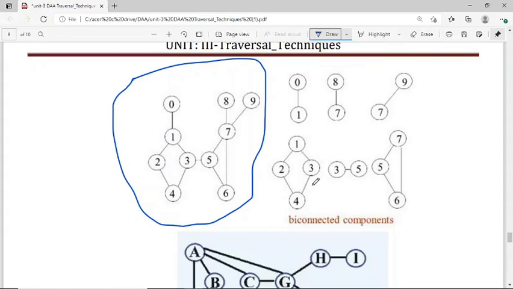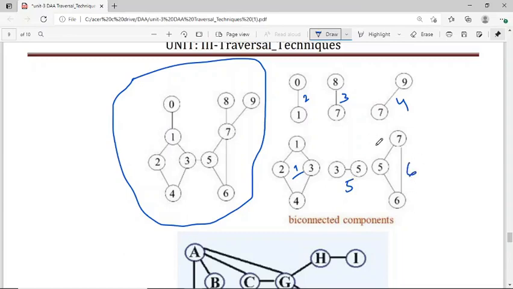Okay, so here you can check it out. 1 2 3 4, this is one, and here 0 1 2 8 7 3 9 7 4, and here 3 5 5, and here 5, 7, 6.